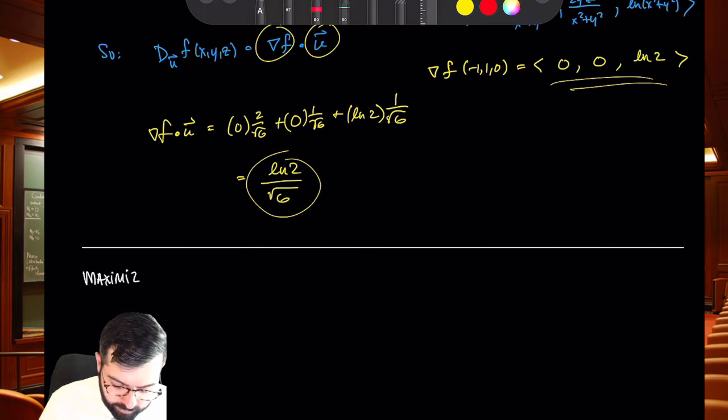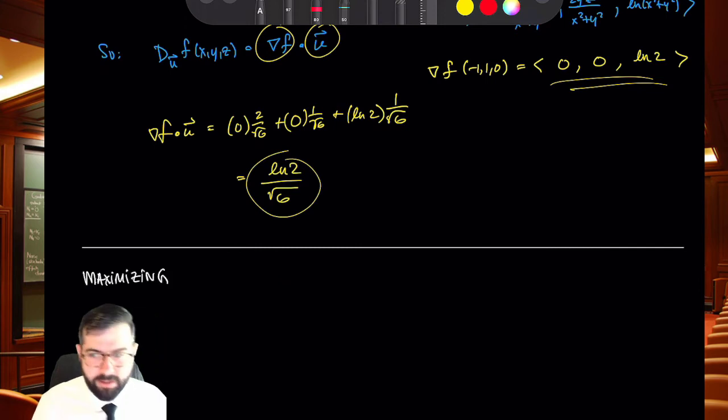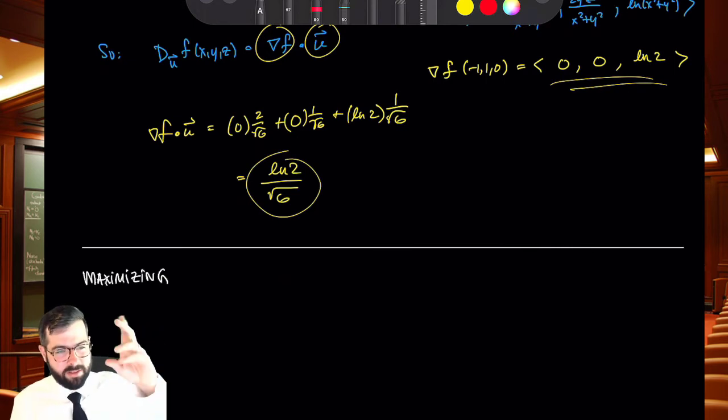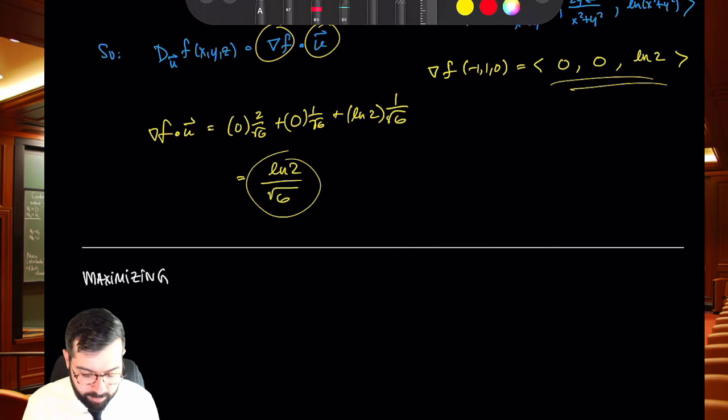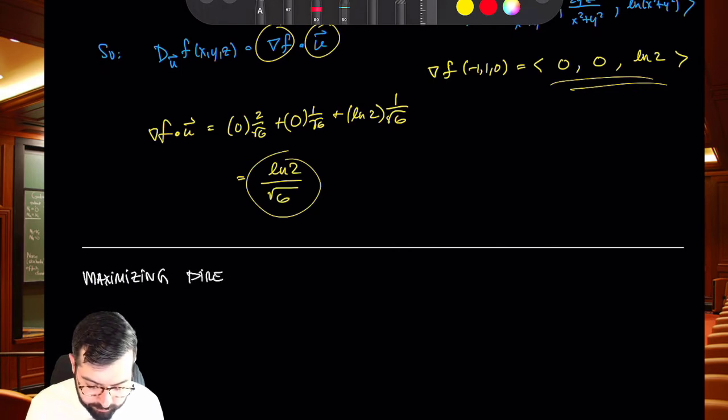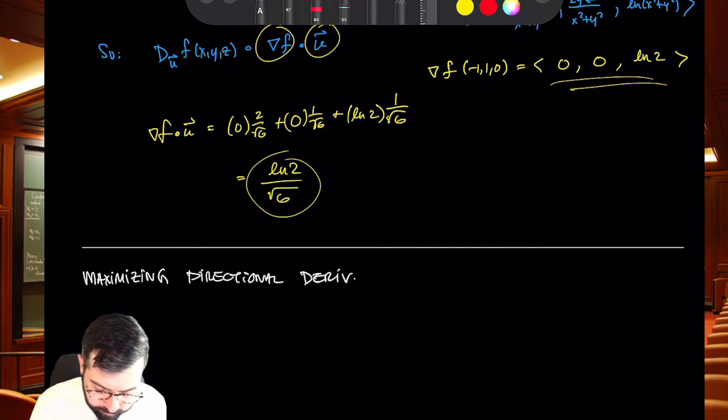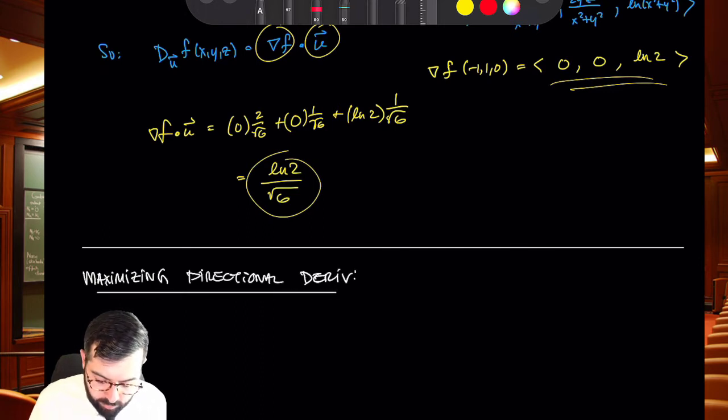The other way that this is used, since it's tied to the dot product, and the dot product has so many nice properties, is that it allows us to maximize the directional derivative. And what do I mean by that?